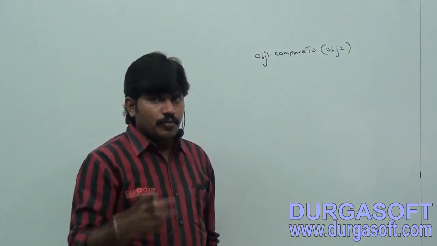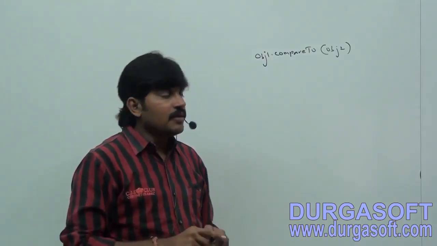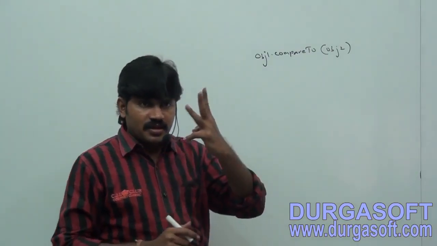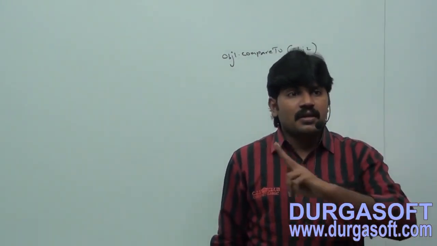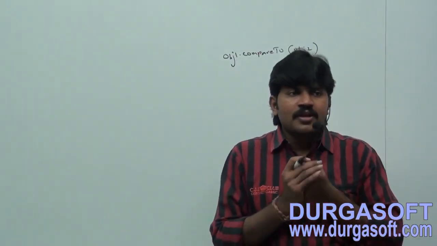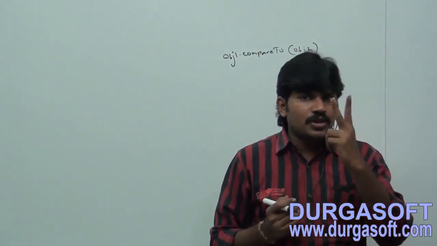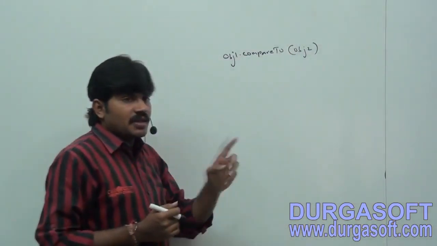Equal means duplicate. Duplicates are not allowed in the TreeSet. That's why the return type of the compareTo method is not boolean. If it were boolean, we could cover only two options, but here there are three.